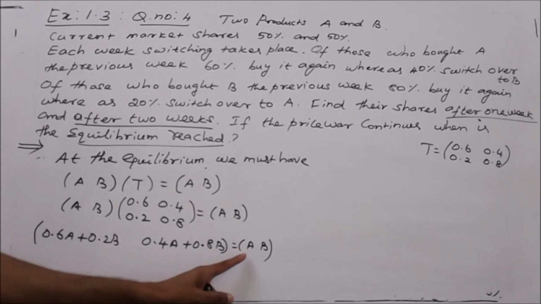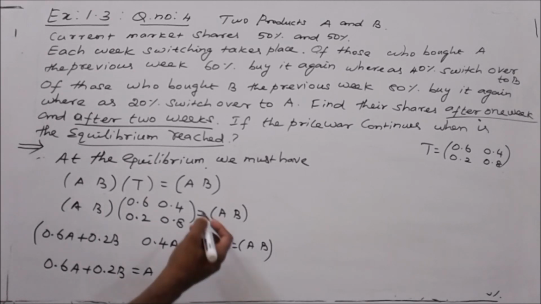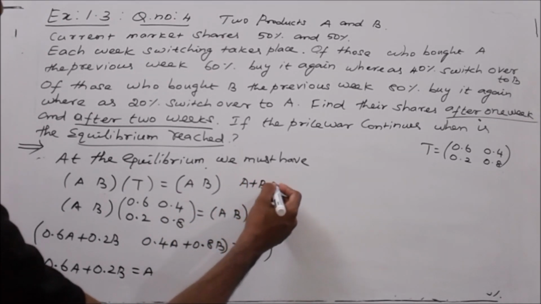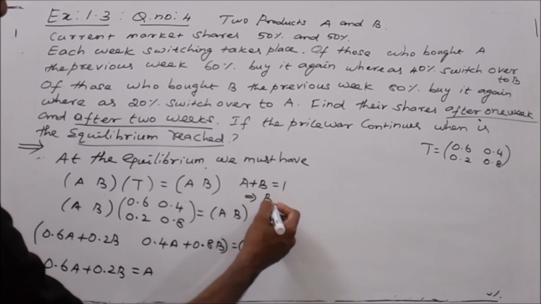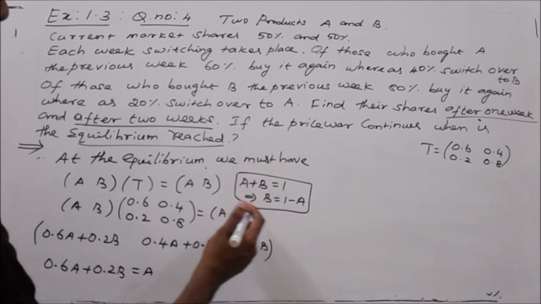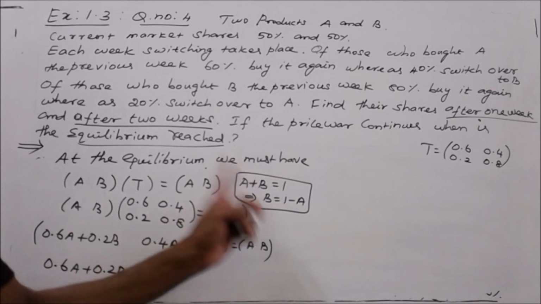Now these are equal matrices. Equating corresponding elements we have 0.6A plus 0.2B equal to A, and another equation 0.4A plus 0.8B equal to B, where the sum of A and B equals 1, which implies B equals 1 minus A. This is a very important condition because all the entities are probabilities and the sum of the probabilities of all the events should be equal to 1.